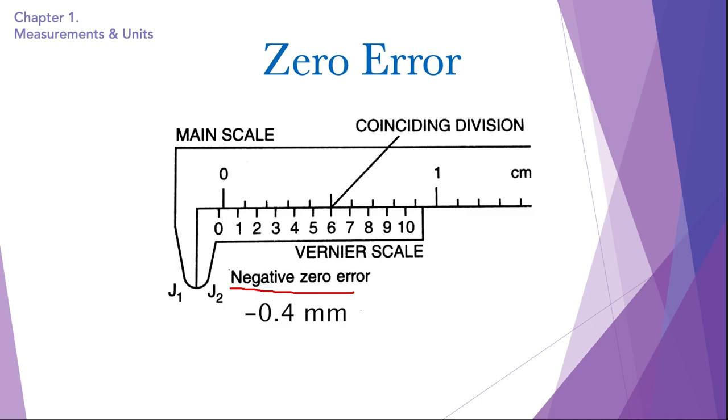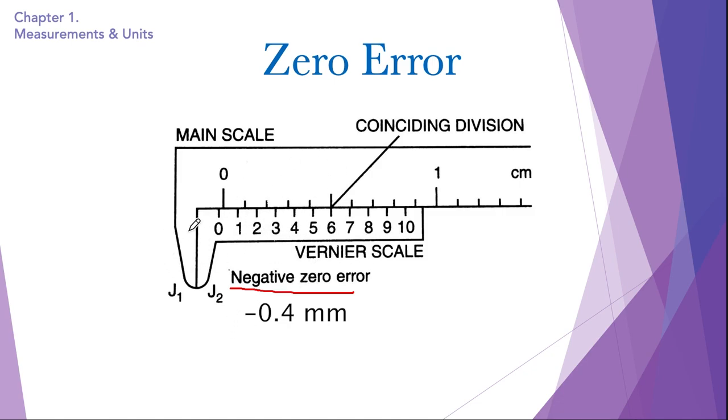Now what will happen is, if we are measuring any object using this vernier calipers, which has a negative zero error, all we have to do is minus this zero error from the reading the vernier calipers gives.